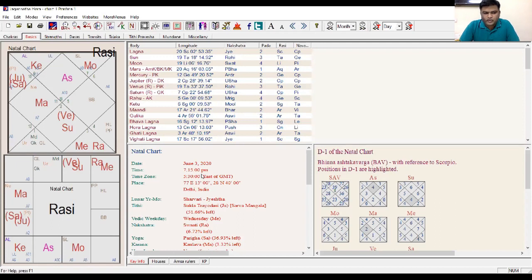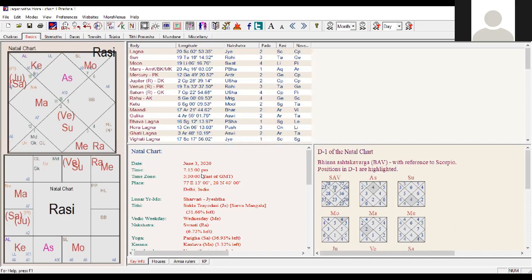So right now this Prashna is generated on 3rd June 2020, at 7:15 p.m. At that time, Jupiter and Saturn both are in Capricorn. Now from Capricorn sign, Jupiter is neither aspecting Aries nor Leo. In order to have some influence of Jupiter transit on Leo and Aries, we have to wait till Jupiter moves to the, which sign?